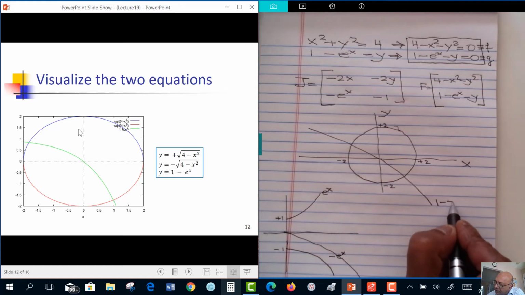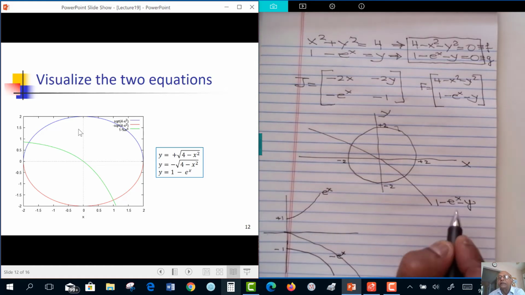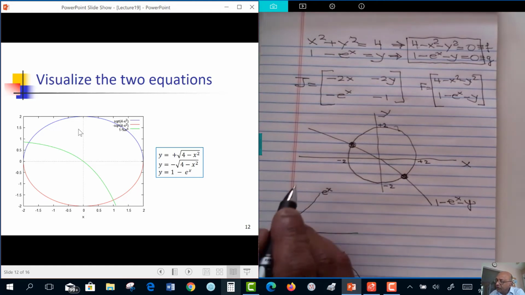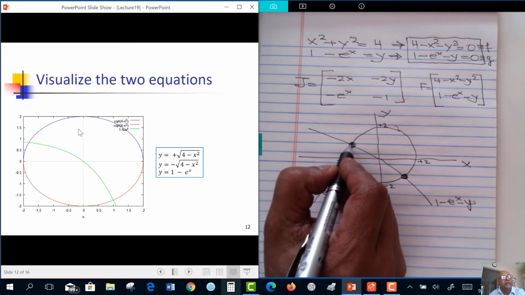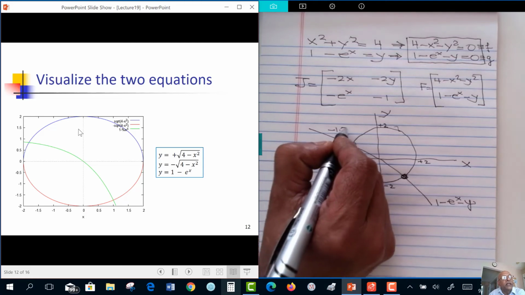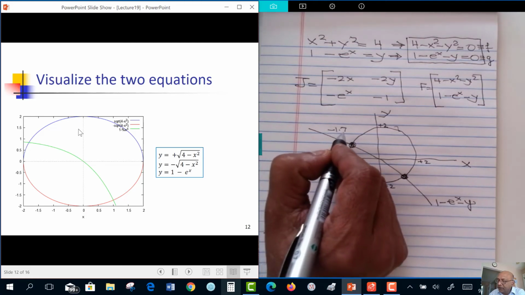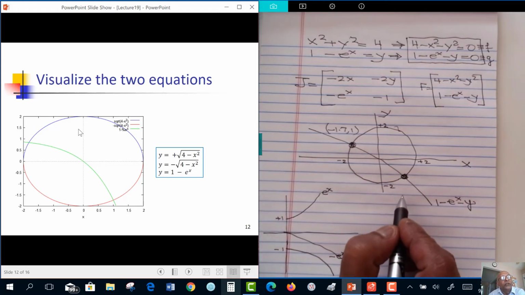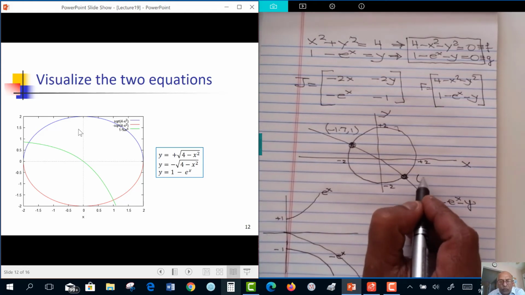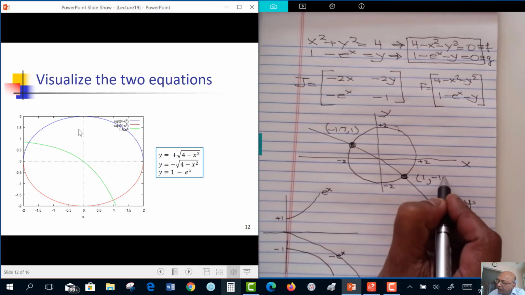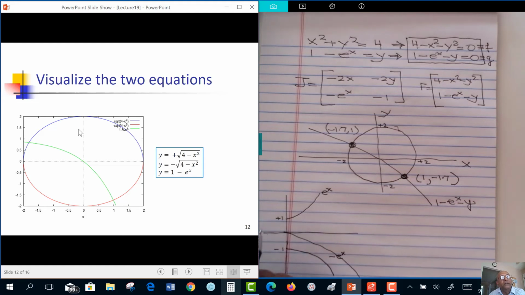So this is 1 minus e to the x minus y, right? You can see it has two solutions. One solution looks like somewhere around minus 1.7 and something close enough to 1 or so. The other solution looks like 1 and about minus 1.7, something like that.